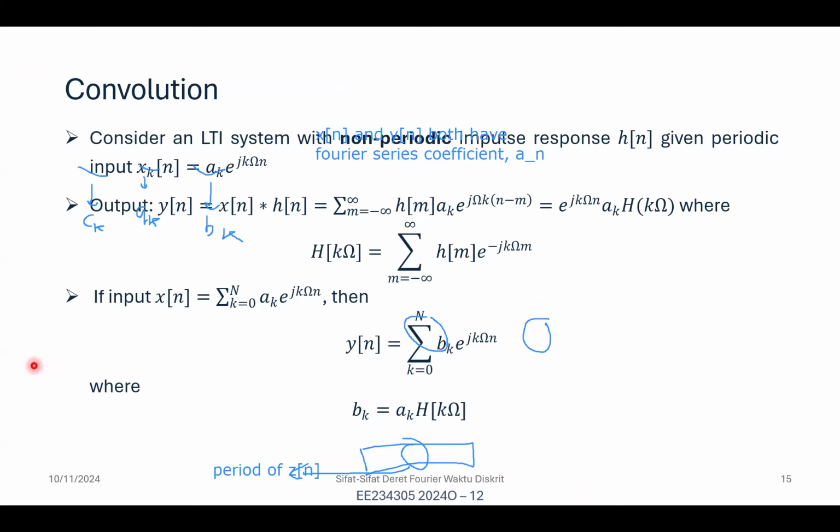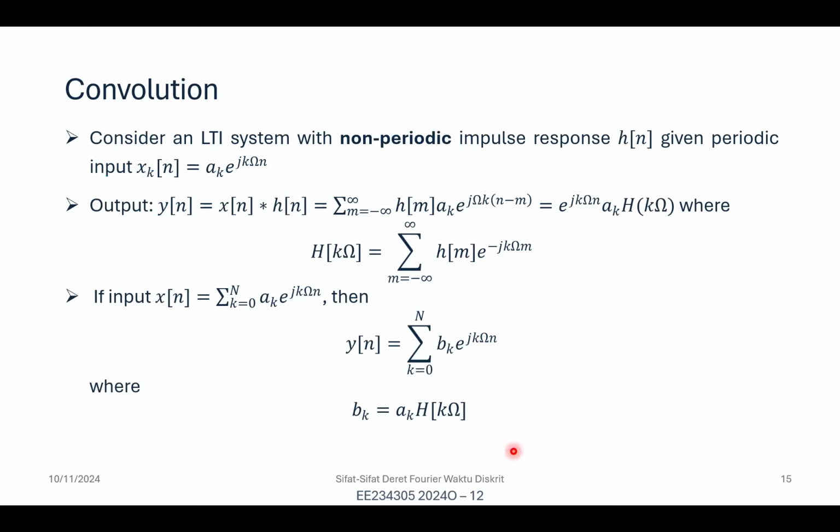Now, the regular convolution, where one of the signals is non-periodic. Suppose the non-periodic one here is the impulse response hn. If we have the periodic input xn with Fourier coefficient ak, the output is xn star h.